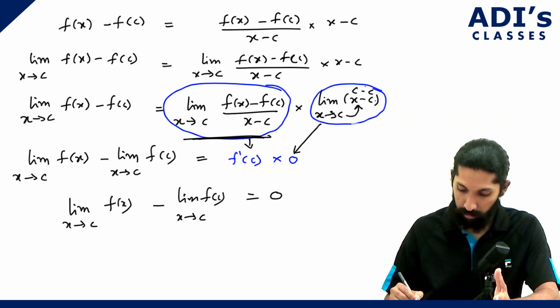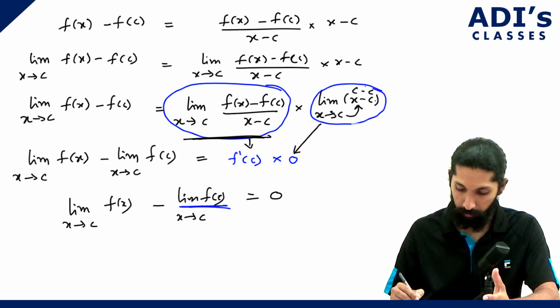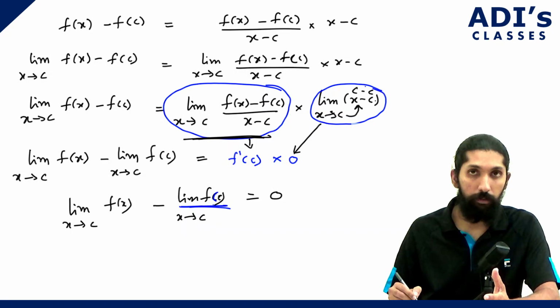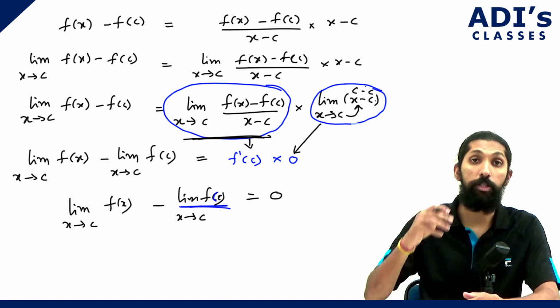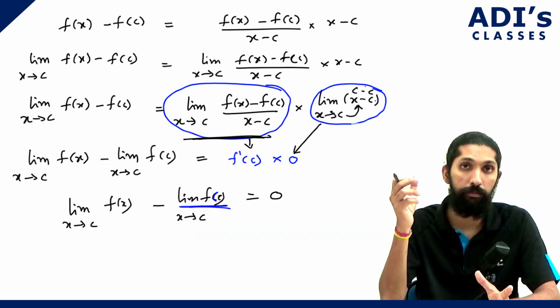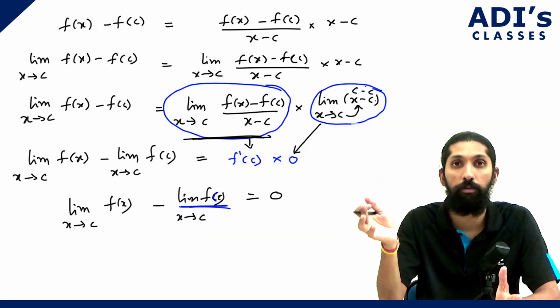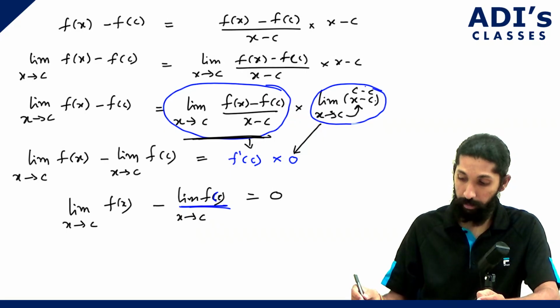Here, guys, if you look at this second equation, you don't even have a value of x, isn't it? You just have c, which basically is a particular value. There is no variable involved at all. There is just a constant value c. So what do we get here?